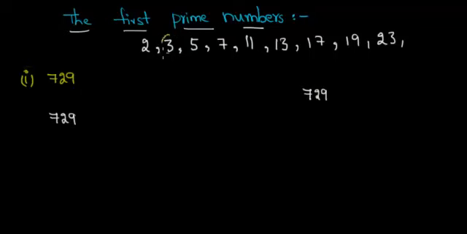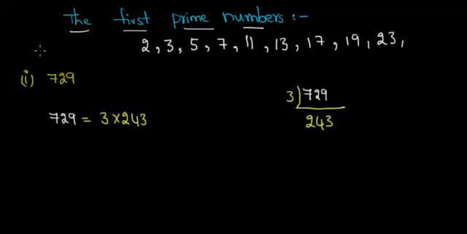Then we see, does 3 go in 729? Yes, it goes. 3 times 243 is 729. So we write 729 as 3 times 243.